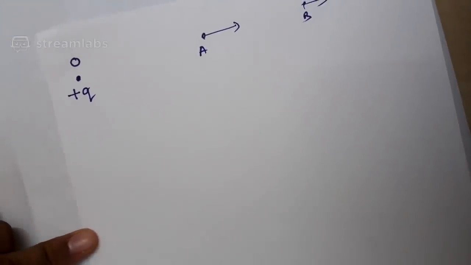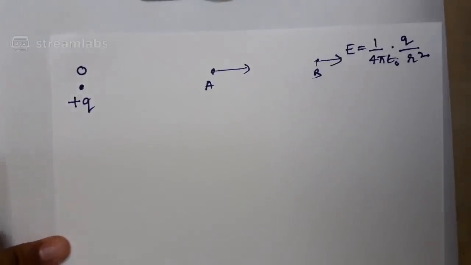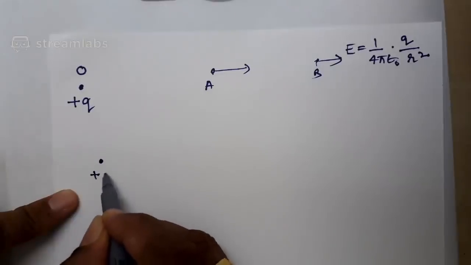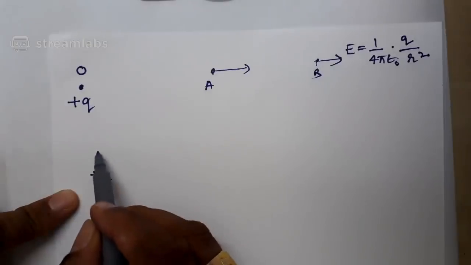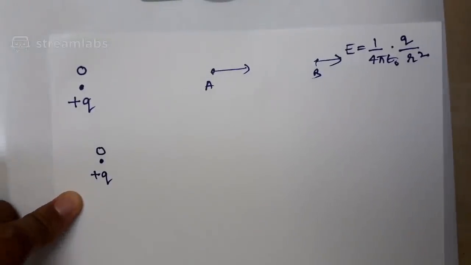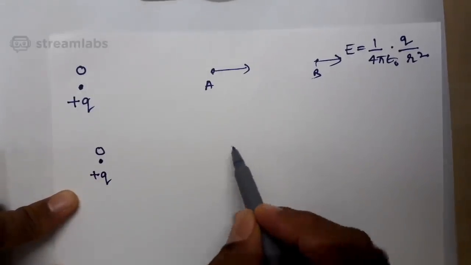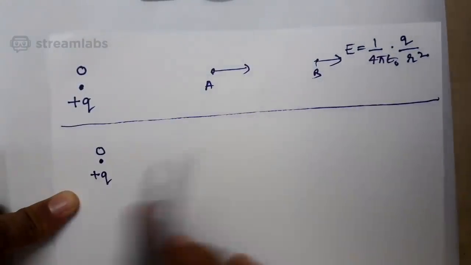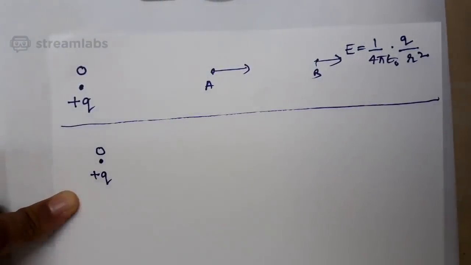Now to overcome this problem of difference in the strength of the electric field at A and B, what I'll do is, I'm talking about the same situation. There is a plus Q charge at some point O. There is an electric field around the plus Q charge due to that charge.